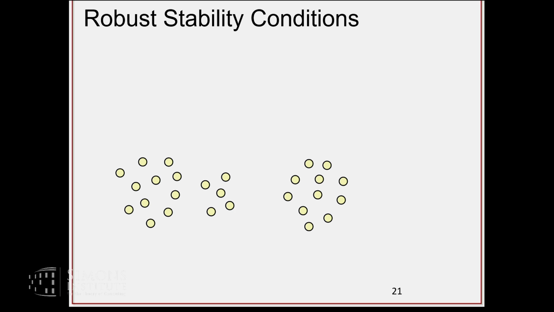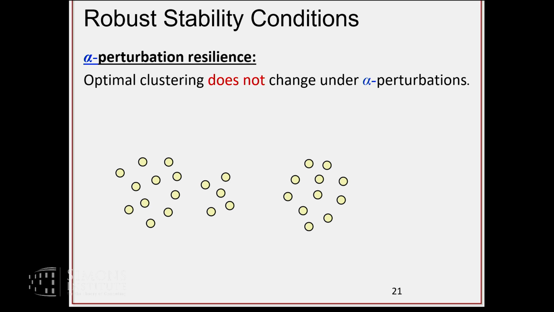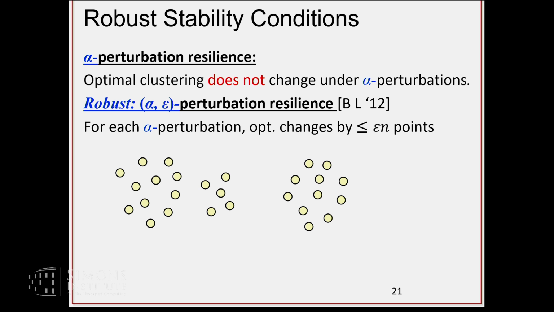All right, so now just very briefly, I'll talk about robust perturbation resilience. Remember the original definition: the optimal clusters aren't allowed to change at all under any perturbations. So you might think that's kind of stringent. So we have this new definition from Balcan and Liang, where now we have 2 parameters to tune.